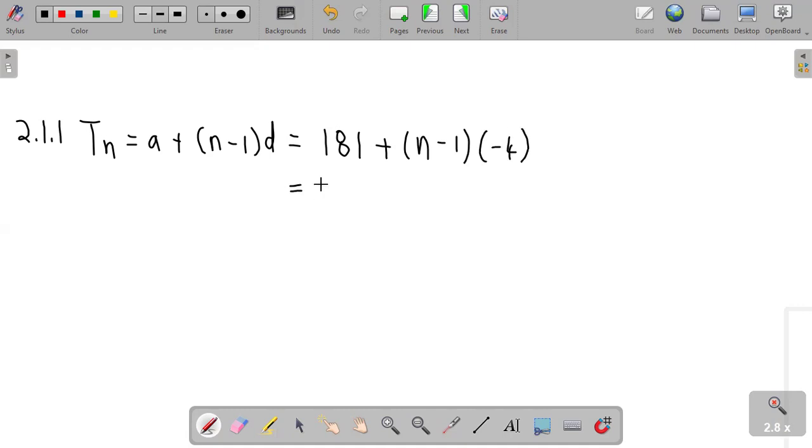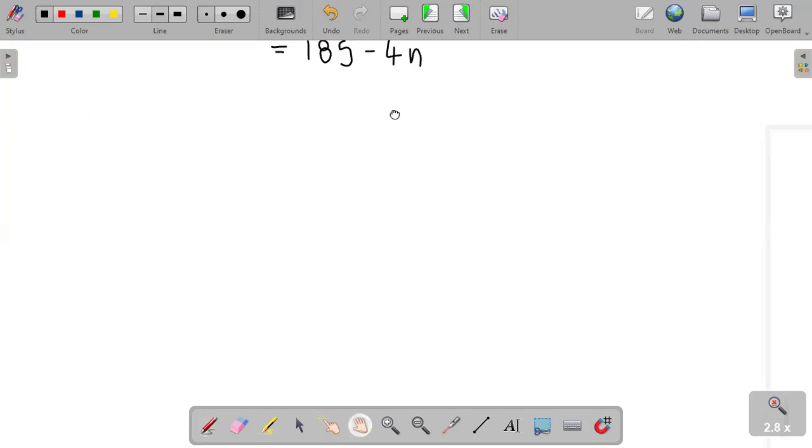So then Tn is going to be 181 minus 4n plus 4. So it's going to be 185 minus 4n. That is our nth term, or Tn, okay?